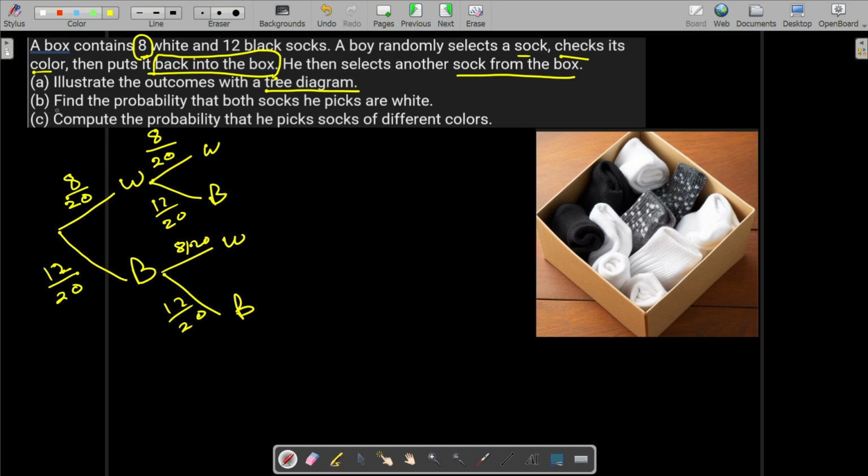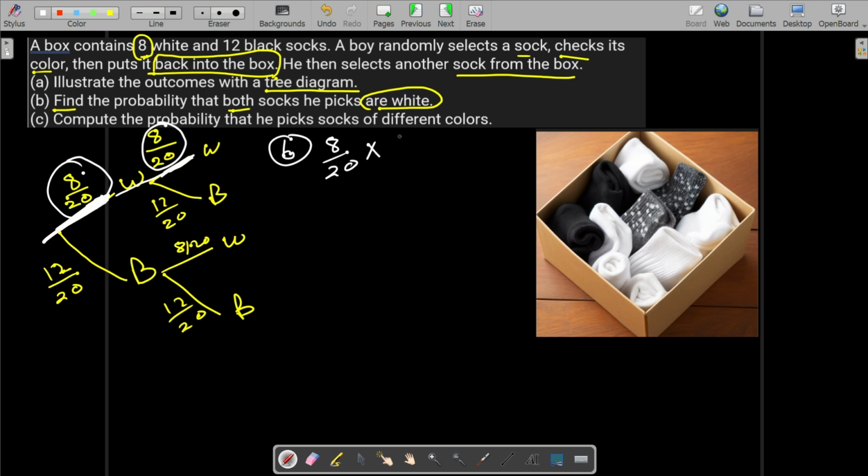Let's take a look at question B here. Find the probability that both socks he picked are white. Both are white. So the first here, this is the probability of white at the first pick, 8 over 20. And after that, the probability of getting white again is another 8 over 20.